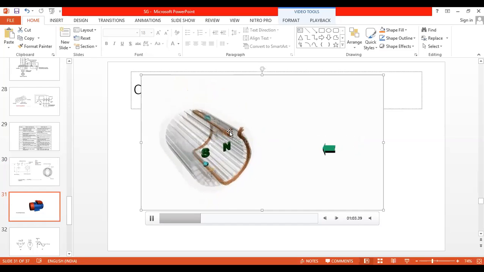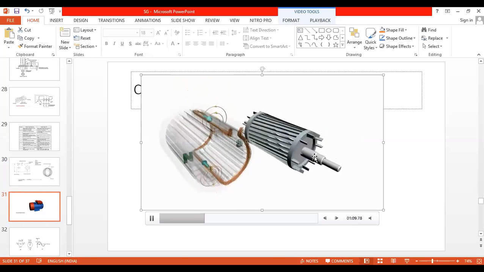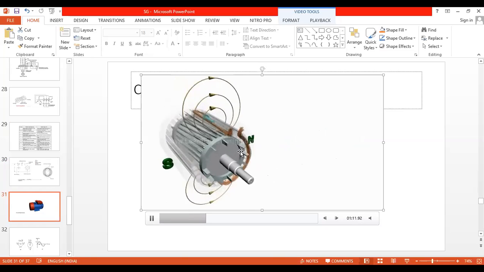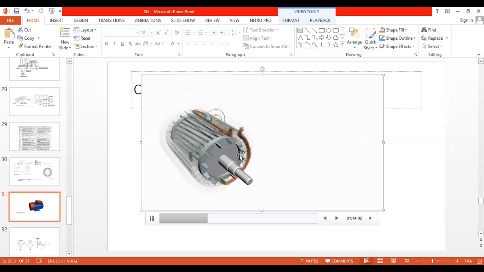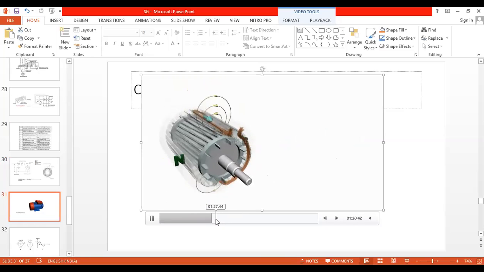These are fluctuating, of course, at first. Then the interaction between the two magnetic fields creates a rotating magnetic field, which rotates the rotor. Due to the interaction of the rotor magnetic field and the rotating magnetic field, the induction motor starts to rotate, and the speed is Ns equal to 120 f by P. That's all. Up to this point only, you have to explain how the rotor starts to rotate.